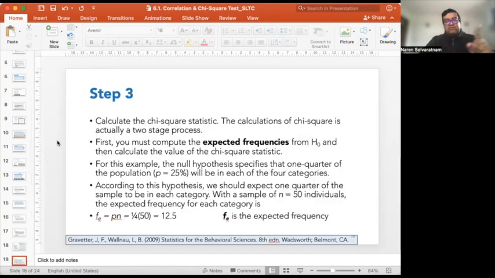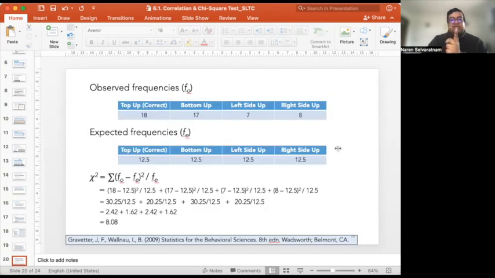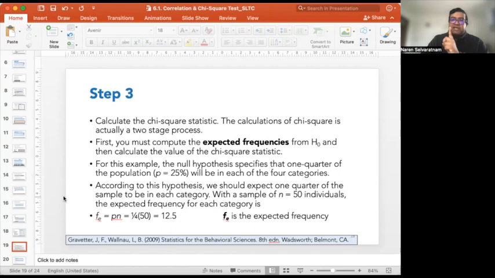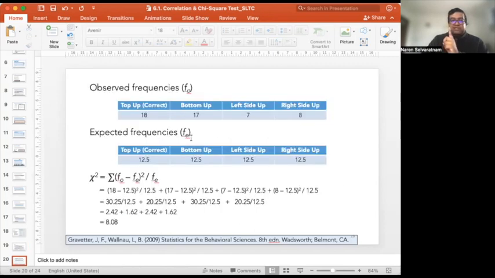But before we do that, we have two other calculations to do. There are two things that you need to know before you do this. First, you have to calculate your expected frequencies, and then you have your observed frequencies. So let's first calculate the expected frequencies. These are our expected frequencies.